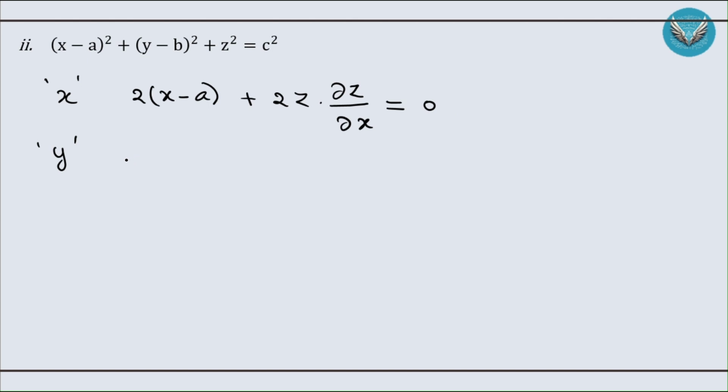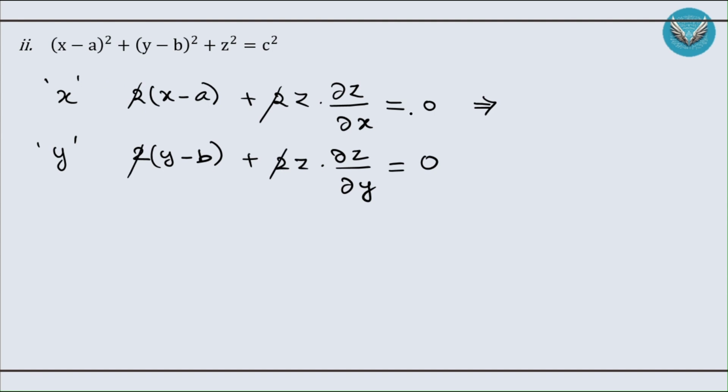Similarly, if we differentiate with respect to y, the first term is going to be 0, and while differentiating the second term, this gives you 2 into (y minus b) plus again 2z into dou z by dou y, which is equal to again 0 on the right side. So this equation can be written as, and moreover we can cancel this 2 throughout.